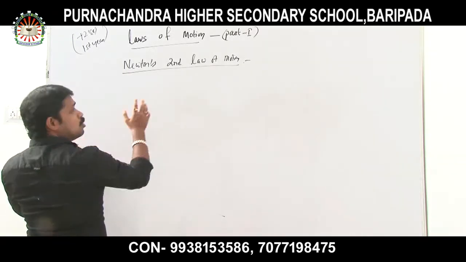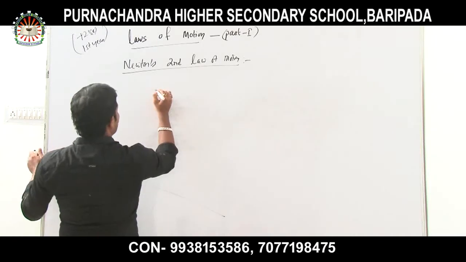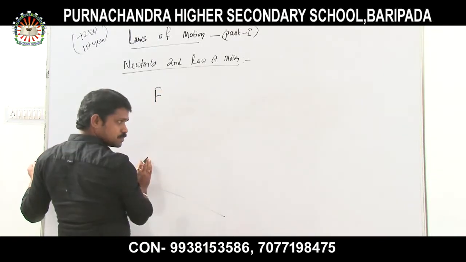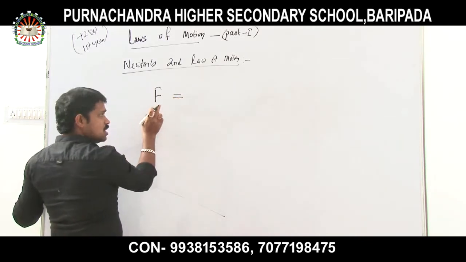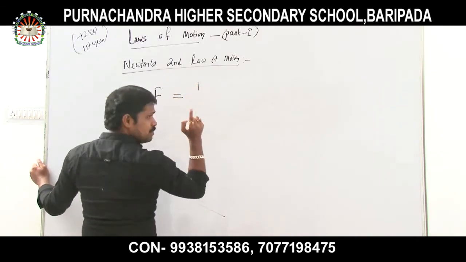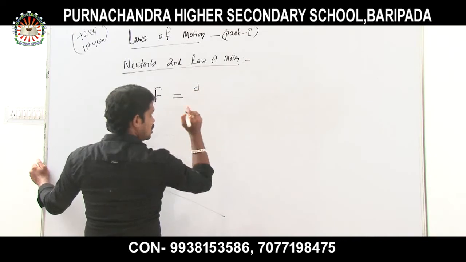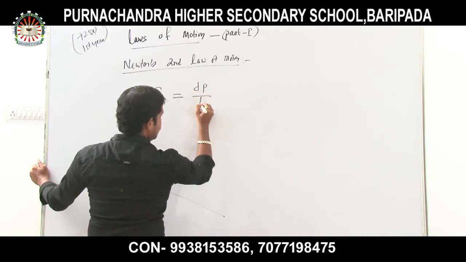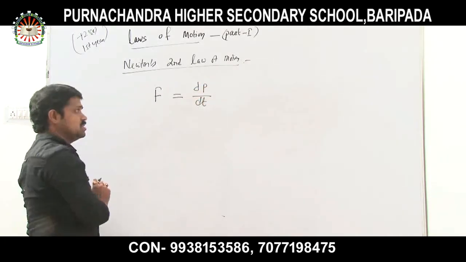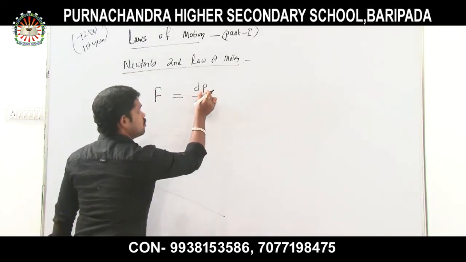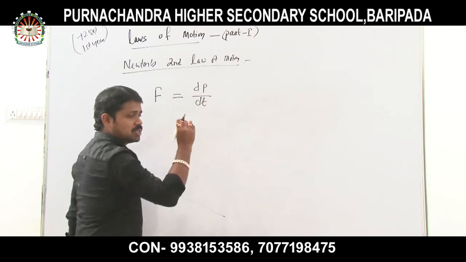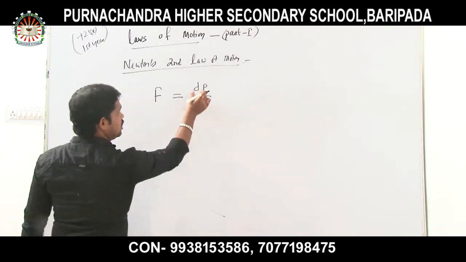Let us discuss the mathematical part. That means the external force is nothing but the time rate of change of linear momentum, very simply. So F = dp/dt, that is the change of momentum with respect to time. That's why it is the time rate of change of linear momentum.